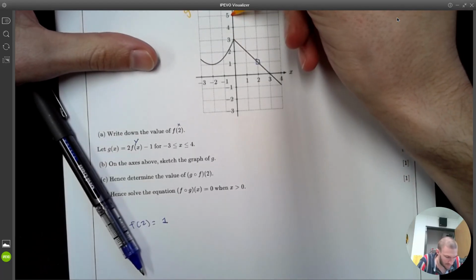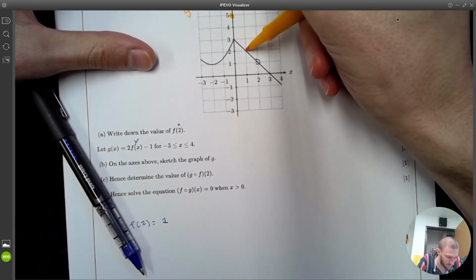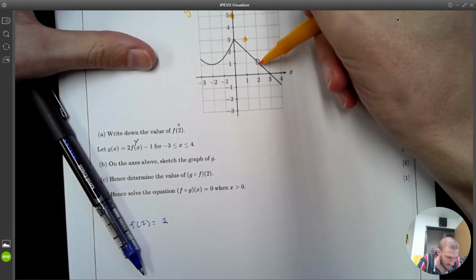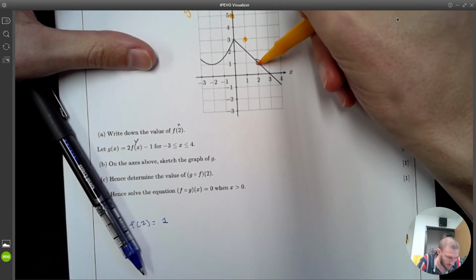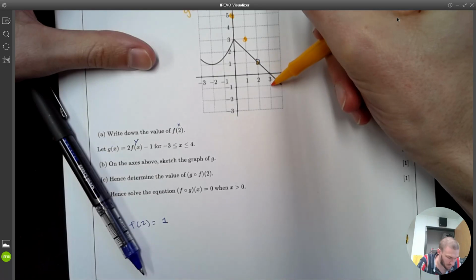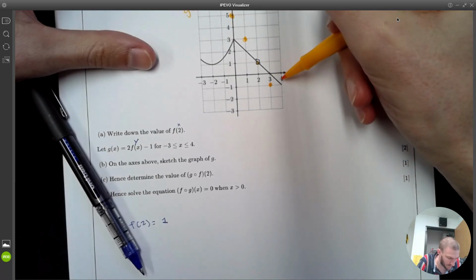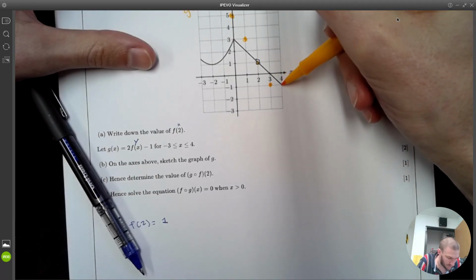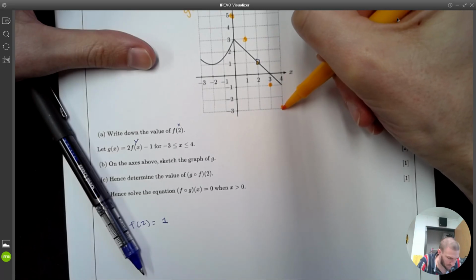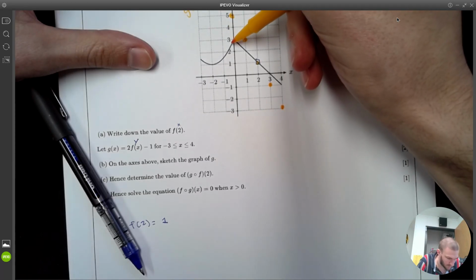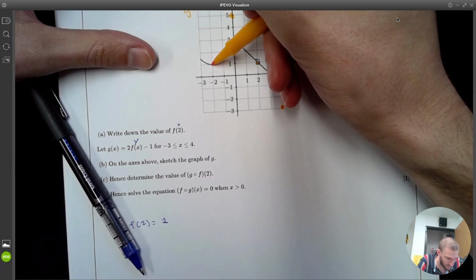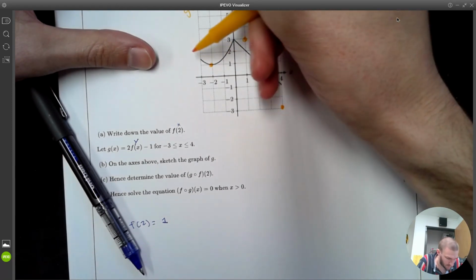So 3, 6, 5, 2, 4, 3, 1, 2, 1, 0, 0, 1, negative 1, negative 1, negative 2, negative 3. I don't really have a good spot there. Let's pick this one. 1, 2, 1. And it is a nice curve.